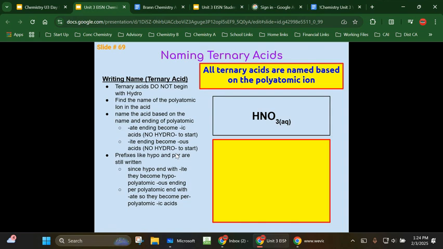HNO3. Nitric acid. Okay. So NO3 is what? Nitrate. So nitrate becomes nitric acid.